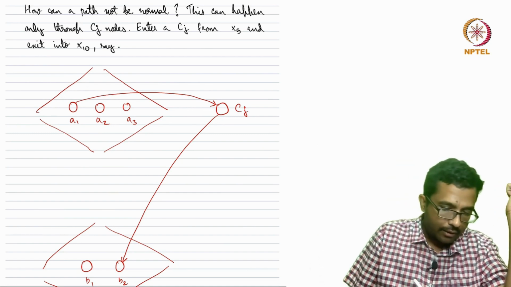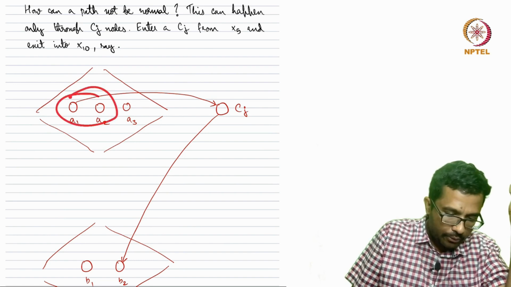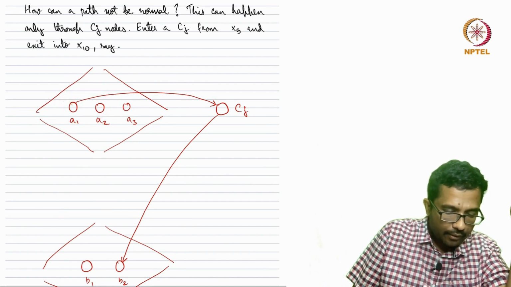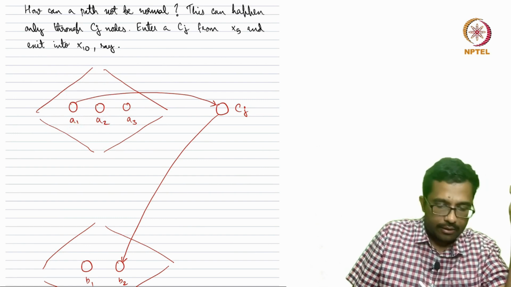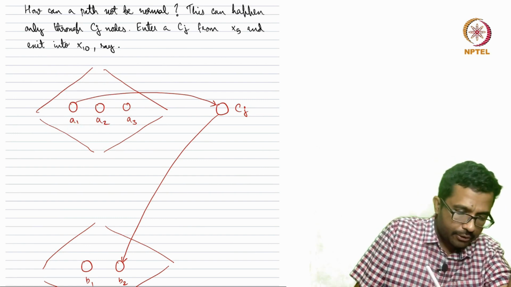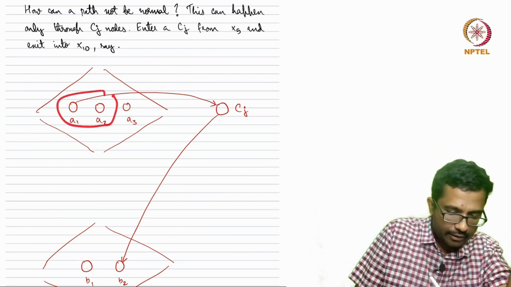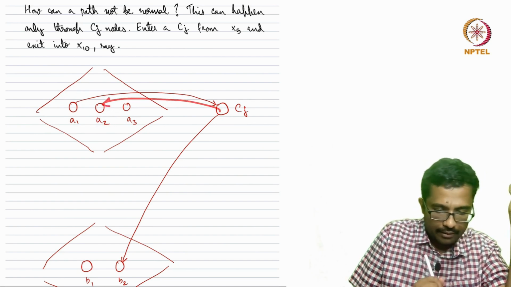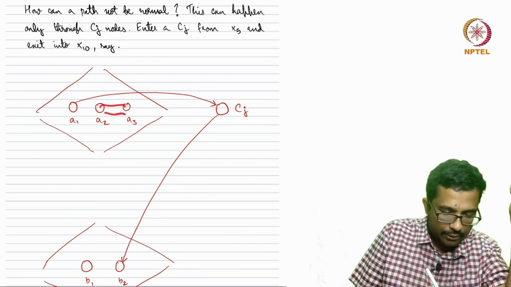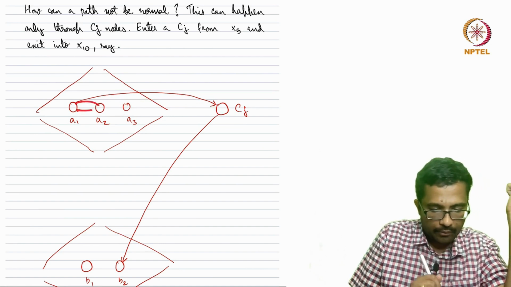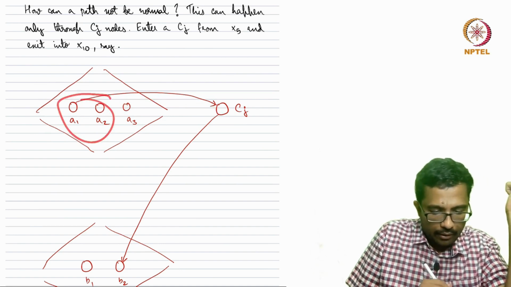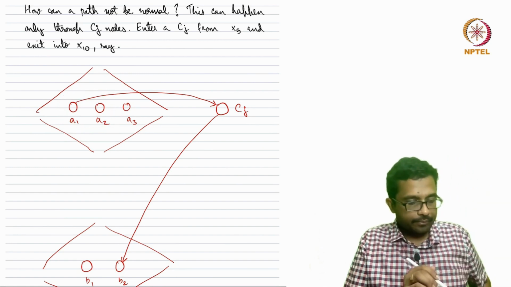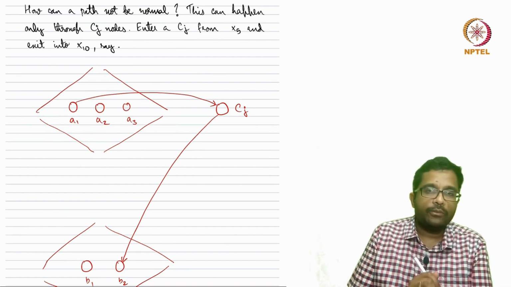So if this is the box corresponding to the clause Cj, there is an arrow coming from Cj here, and also A3 connects to A2, and A1 connects to A2.